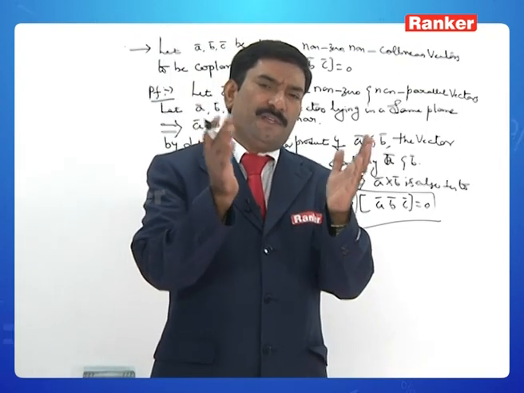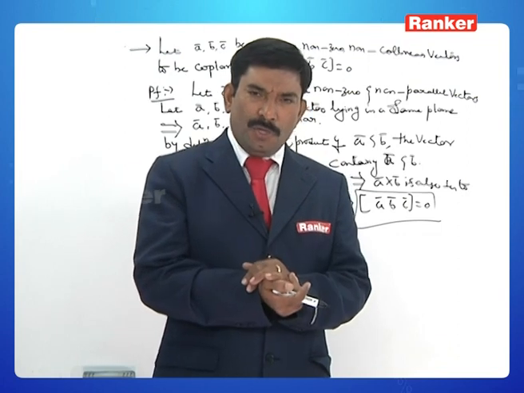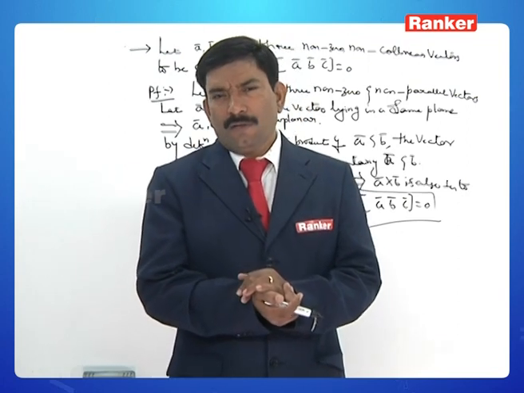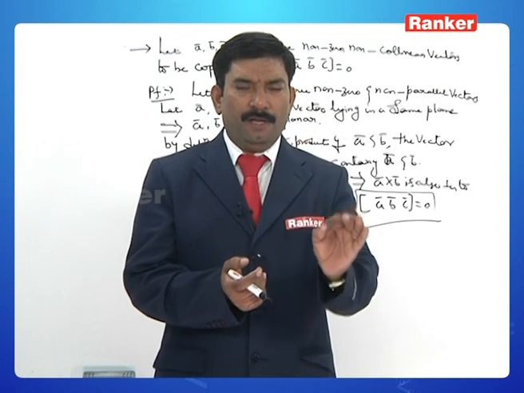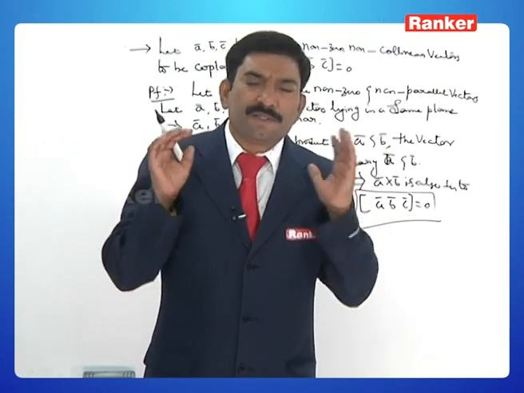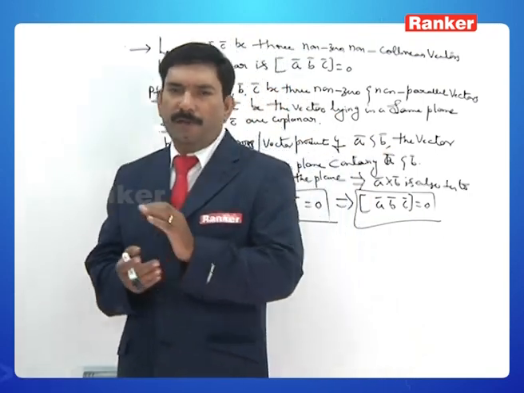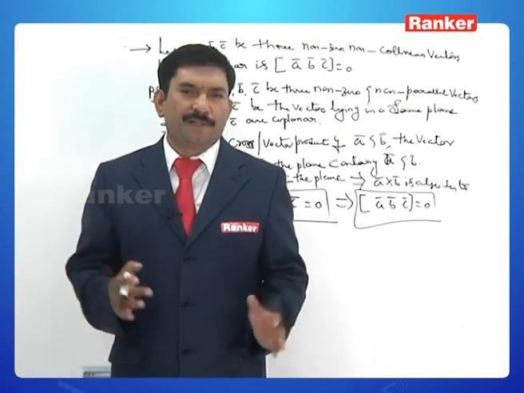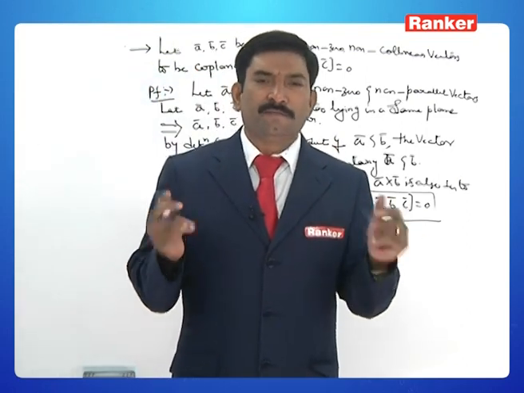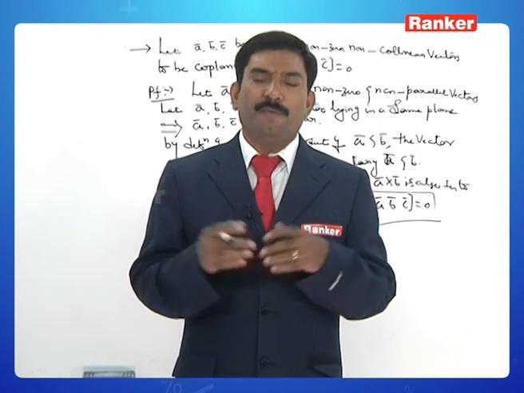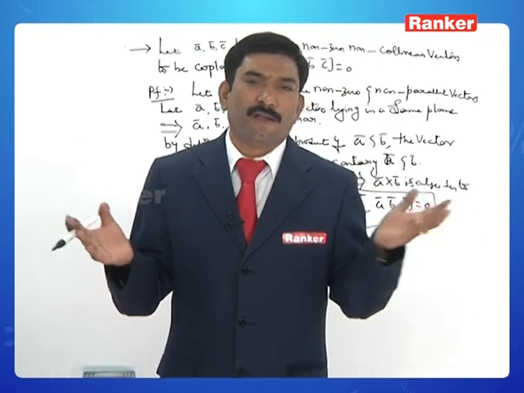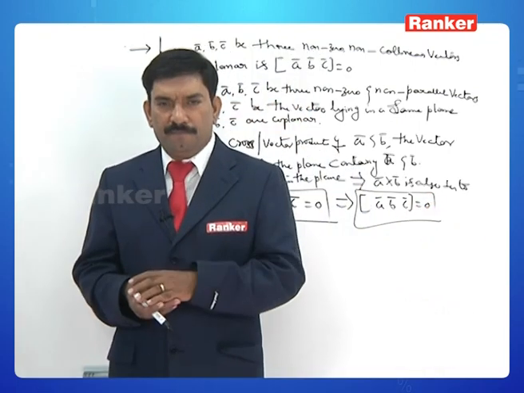Now the sufficient condition. What is the sufficient condition? Wherever you come across box of A bar, B bar, C bar is equal to 0, then A bar, B bar, C bar are coplanar. They are lying in the same plane.